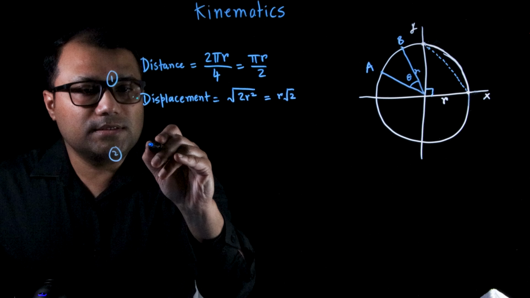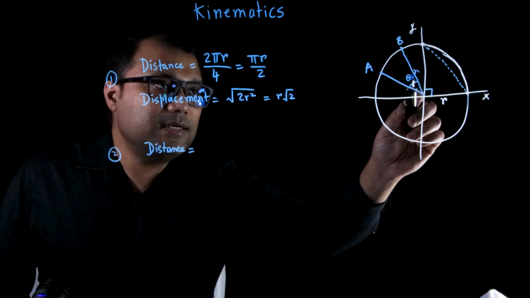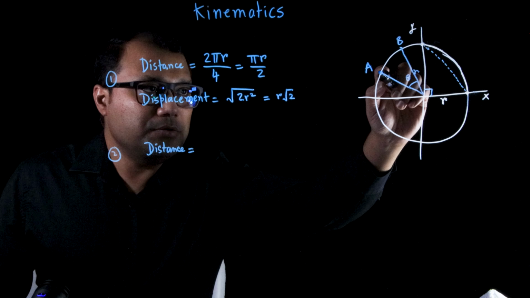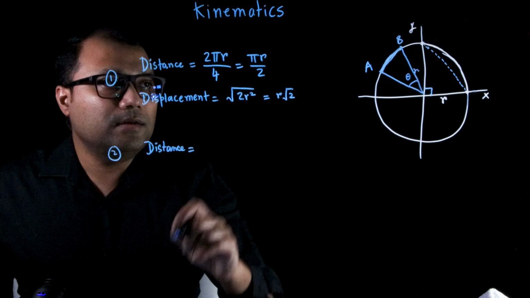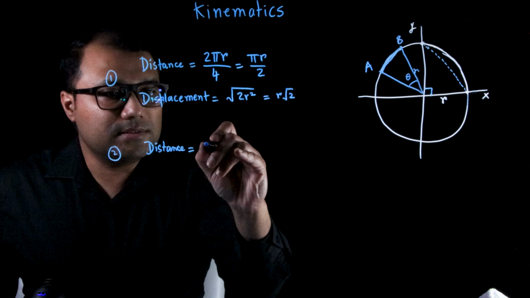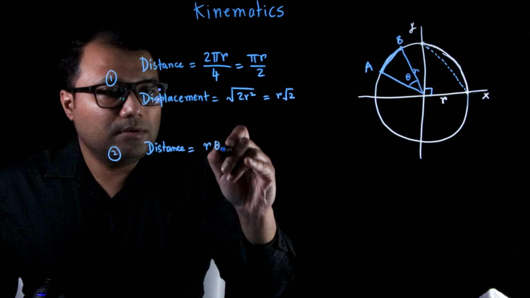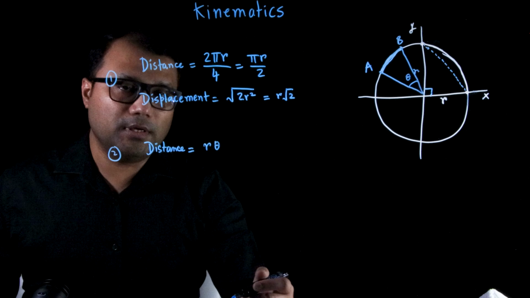Okay. Now distance in this case, so this is case number 1, we already talked about that. In this case, the distance is very easy. If theta is represented in radians, then you would know that the length of the arc AB is r theta, where theta is measured in radians. Okay.